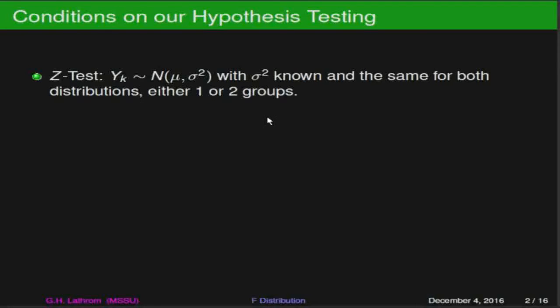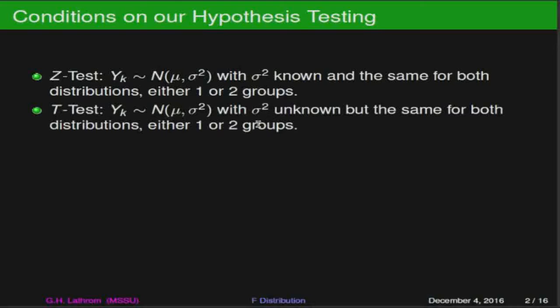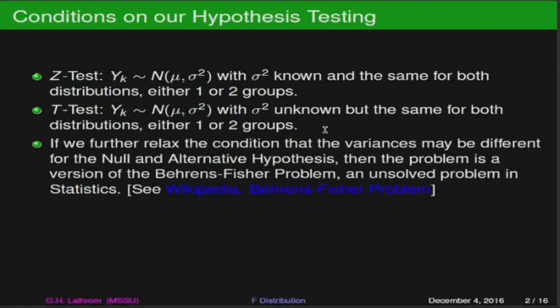For the t-test, it was kind of the same setup, but we had the variance unknown, but we only had one or two groups. Now, if we could further relax that condition on the variances for the null and the alternative hypothesis, so that the variances didn't even necessarily have to be the same, that problem is actually called the Behrens-Fisher problem, and it really is an unsolved problem in statistics.